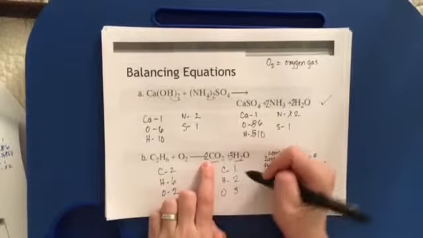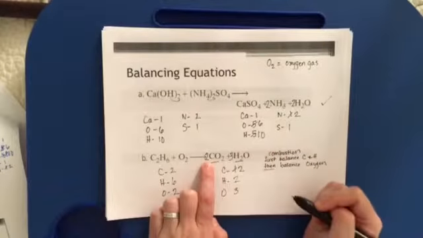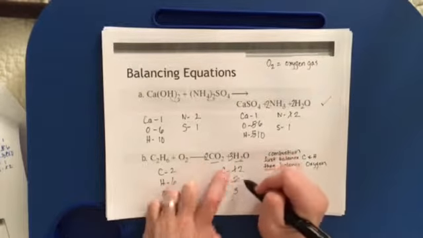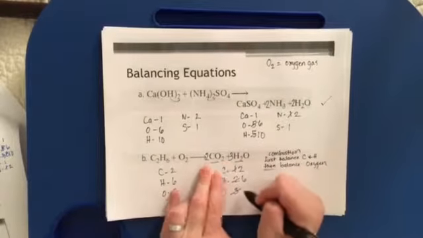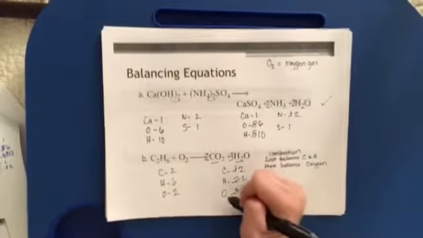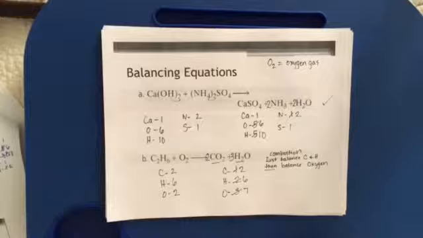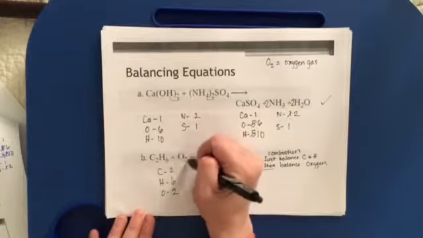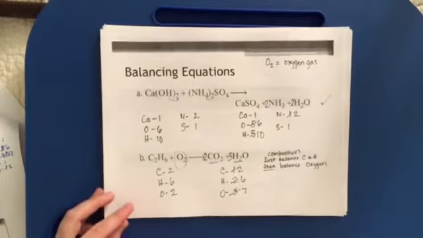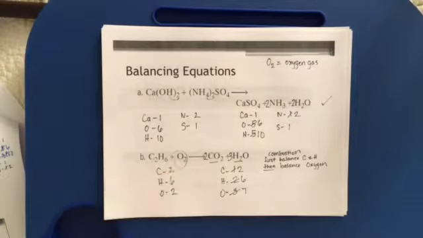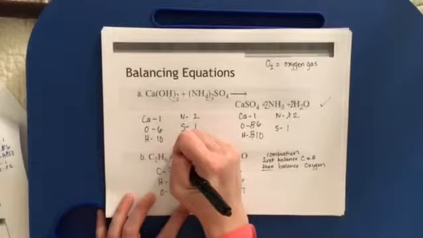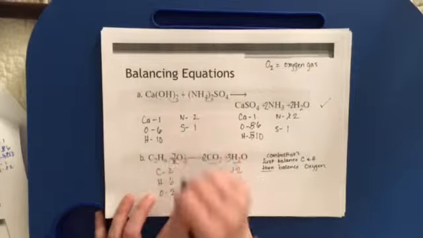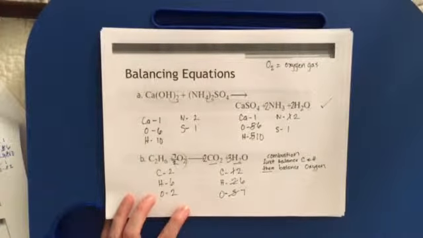Now what I've done is I've made the carbons balanced, and that's 6, the hydrogen's balanced, but now oxygen is 4 plus 3, that's 7. Okay, so if I want to put a coefficient there to make that equal 7, it has to be a fraction. And so even though I can't put a fraction, I'm going to do that. I'm going to say that I need 7 over 2 of that.